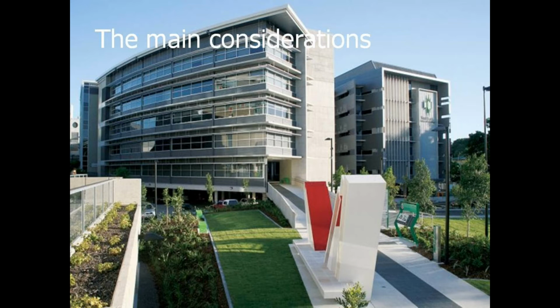The image you're looking at there is the South Bank TAFE in Brisbane. It was built as a public-private partnership, and it was really the result of looking at the whole area that needed redevelopment. Such a large project, $230 million.